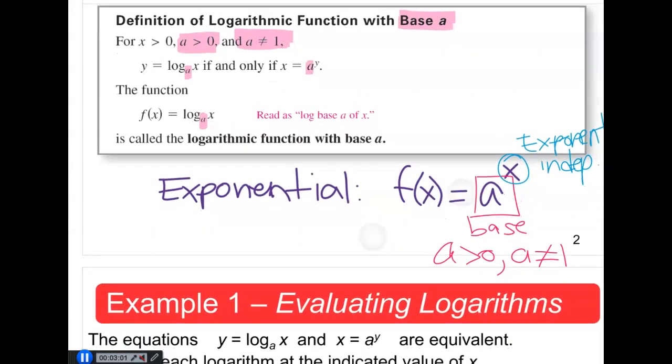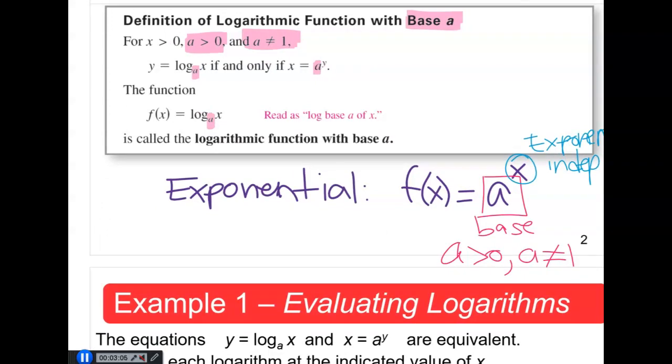So we could have a logarithm with, and here we have this definition, just to generalize that a could be any number as long as it's not 1 and it's positive, greater than 0. So we could have something that says log base 5 of x, and that is exactly how we will read it.